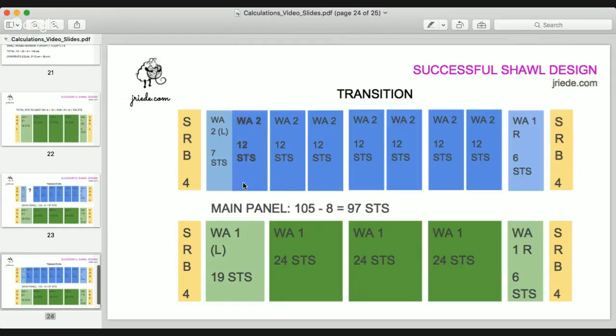So we can fit in another repeat of White Atlantic 2 with 12 stitches, and we end up with 6 plus 7 plus 7 times 12 equaling 97 stitches too. So our stitch count at the end of section 1 equals the number of stitches in the next section if we work 1 additional repeat of White Atlantic 2.